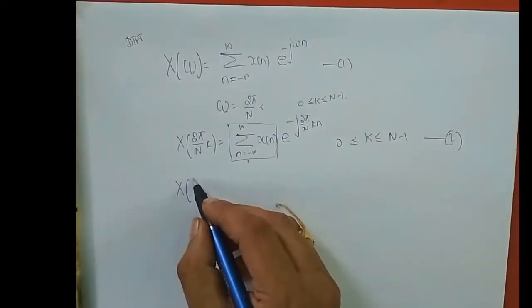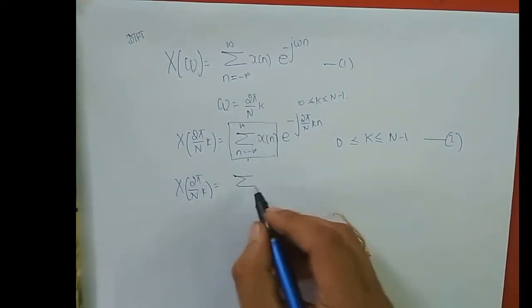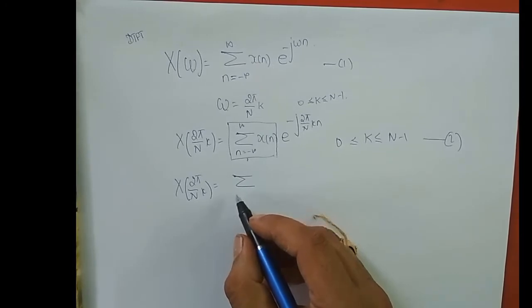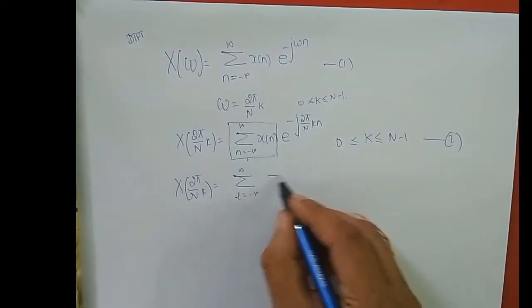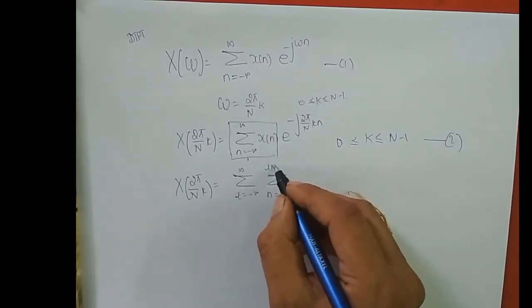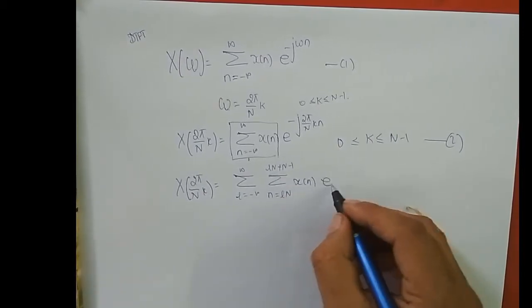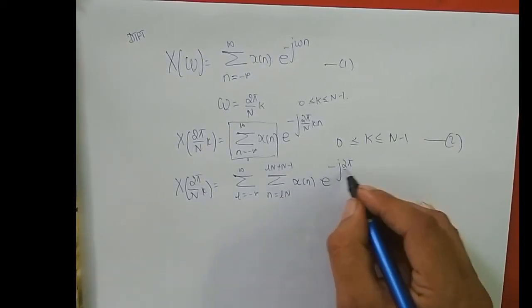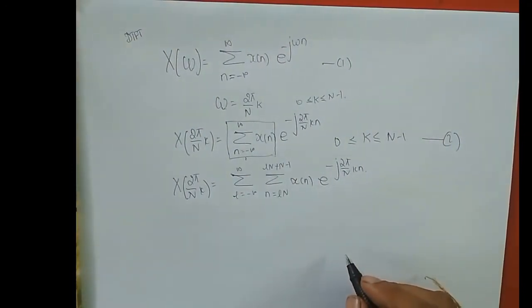How did we write it? X of 2 pi by N into k is equal to summation l varying from minus infinity to infinity, with inner summation n varying from lN to lN plus N minus 1 of x of n e power minus j 2 pi by N into kn. This is how we wrote it in a compact form.